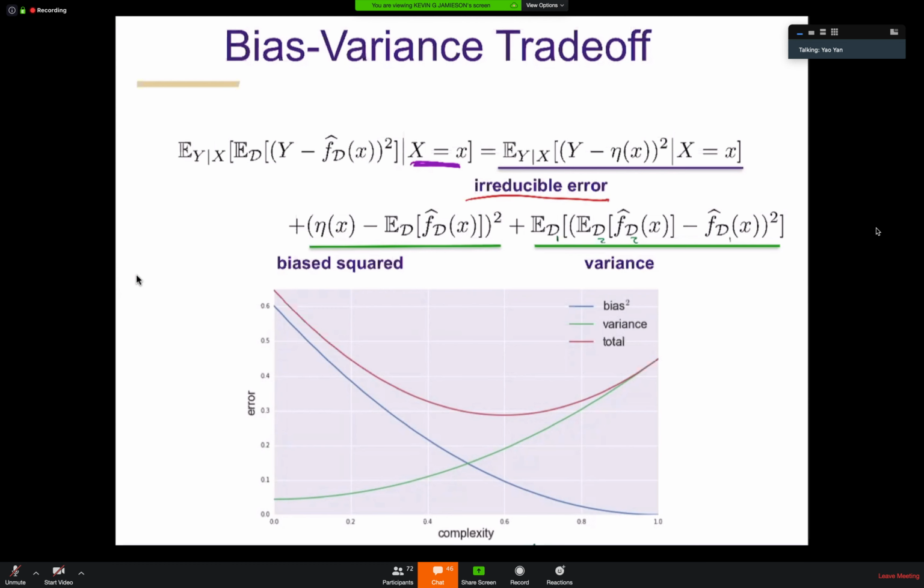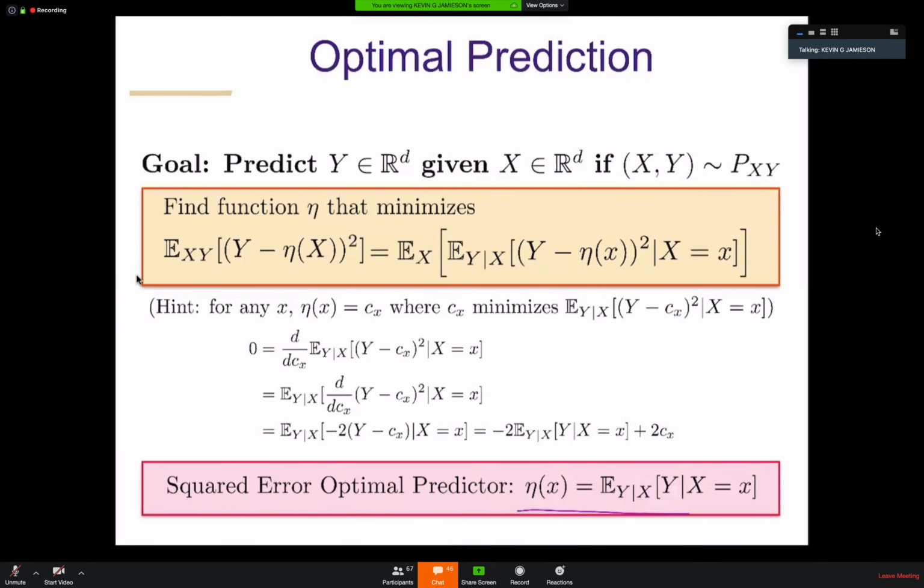I wonder, has the information of this house already been used in the modeling process, or does it not matter? It doesn't matter. So eta of x has nothing to do with your model. Eta of x is defined as the expected value of y given x.